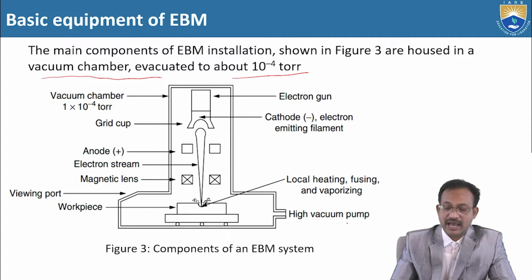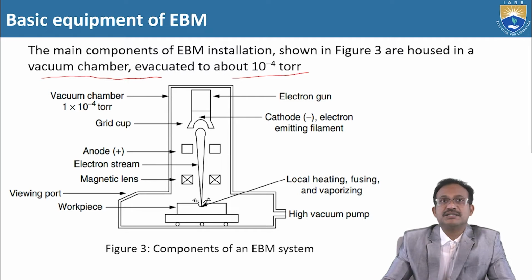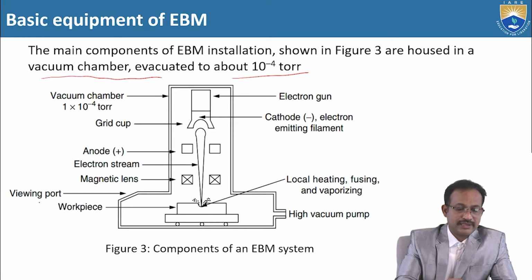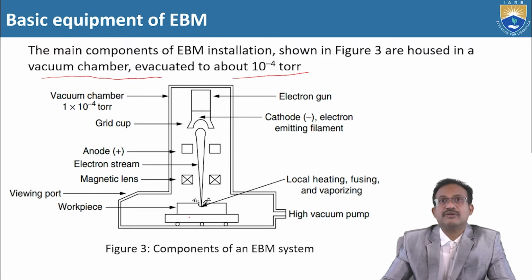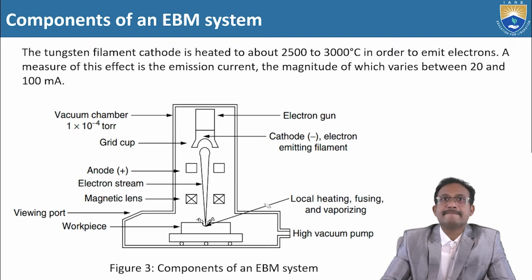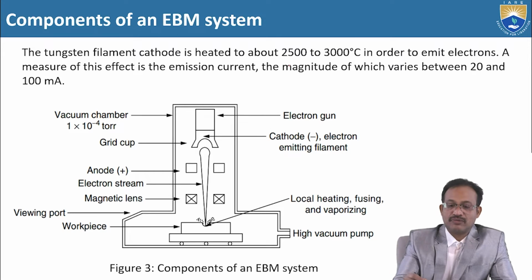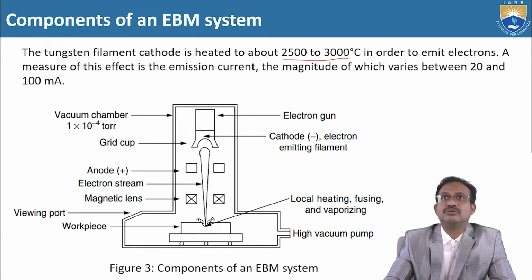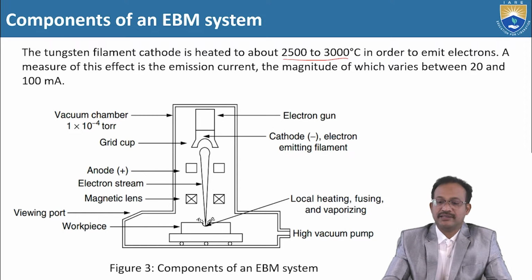Here a high vacuum pump is used to create vacuum in the shield. This is the beam port. This is the workpiece mounted on the table. Now the filament material: the tungsten filament cathode is heated to about 2500 to 3000 degrees centigrade in order to emit electrons.